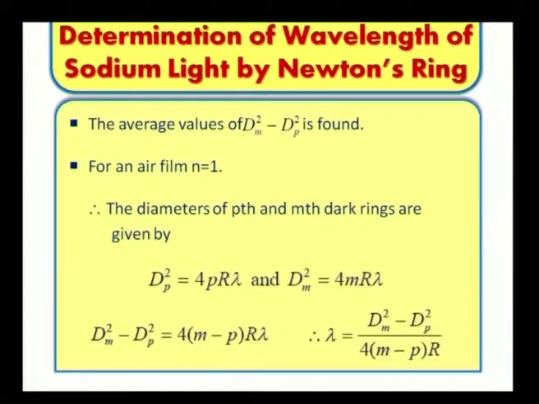Similarly, your dm square will be 4 m r lambda, where m is the order of the ring. So, you can now find dm square minus dp square will be 4 multiplied by m minus p into r into lambda. What is capital R? R is the radius of curvature of the lens.